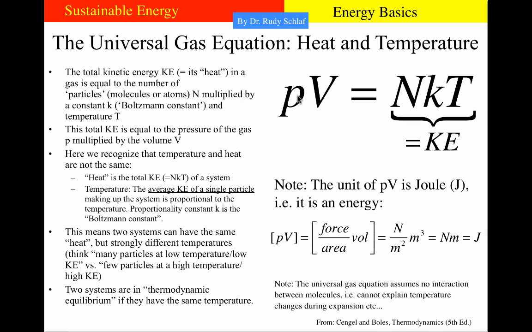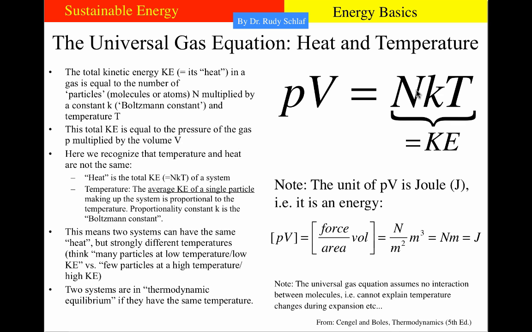So if we have a high pressure, that means we have a high kinetic energy in all of the particles, and then we multiply it with something that is proportional to the number of particles that we have. And so we end up with something that is equal to this over here, that is a sum over all the kinetic energy that we have inside the volume. So this is a macroscopic way to tell the energy, and this is a microscopic way to tell the energy.